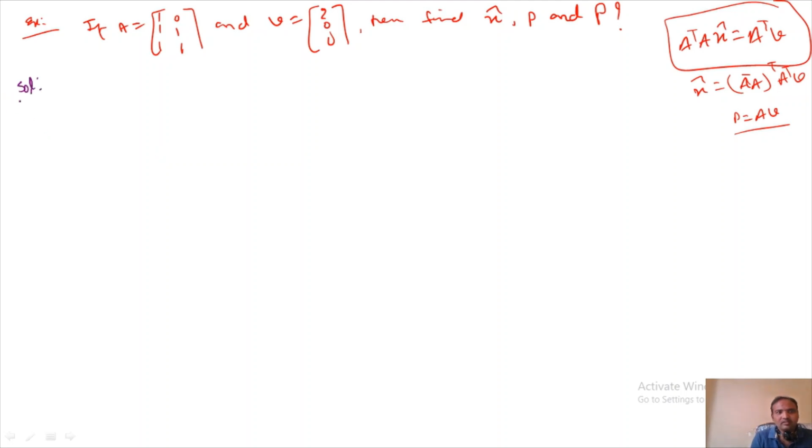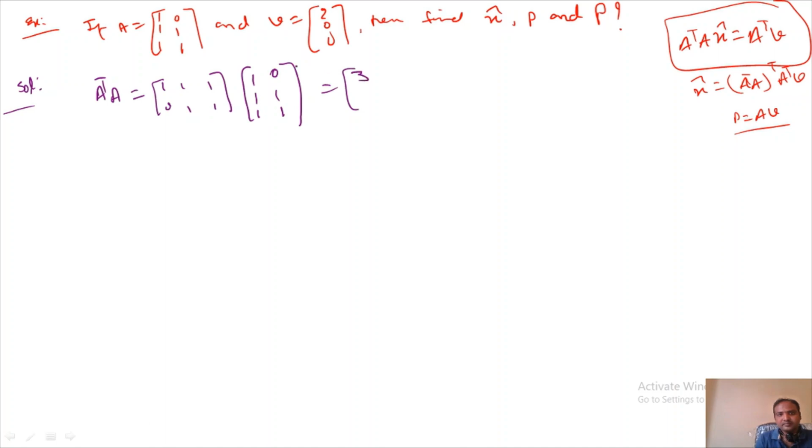Solution. Now given A is this one. First find A transpose A. What is A transpose A? [1 1 1; 0 1 1] into [1 1; 1 0; 1 1]. This is equal to a 2 by 2 matrix, [3 2; 2 2]. It's always a symmetric matrix.